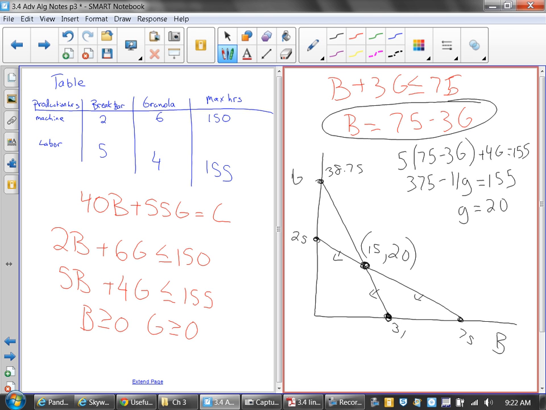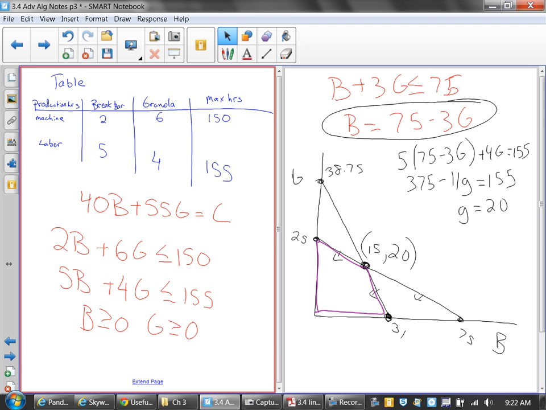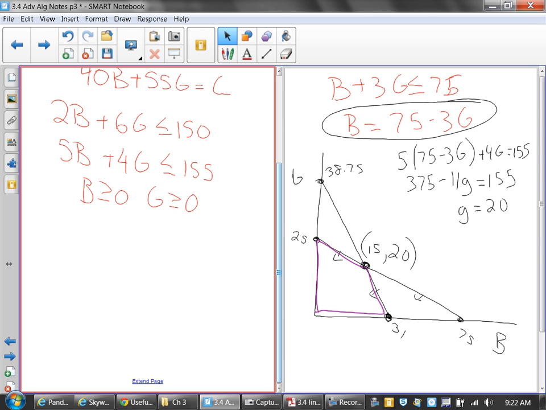So you have your bounded region now, 4 points: 0, 0; 31, 0; 15, 20; and 0, 25, that you substitute back into your constraint. And when you do that, this one would be 0.